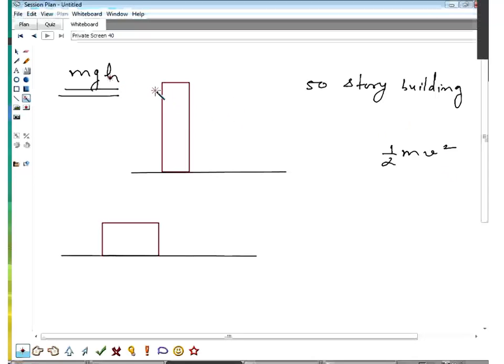If all particles of the system have the same height, then this is okay. But in the case of a building, that's not going to happen. So what does one do in this type of situation?